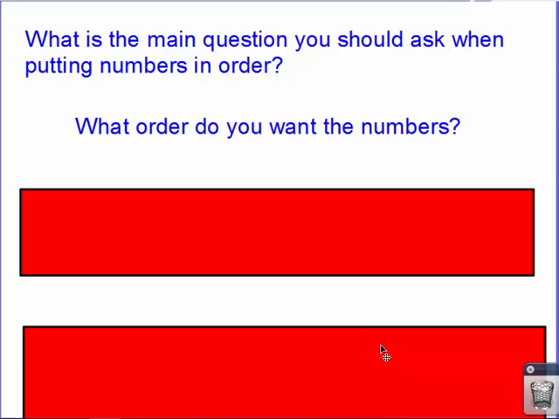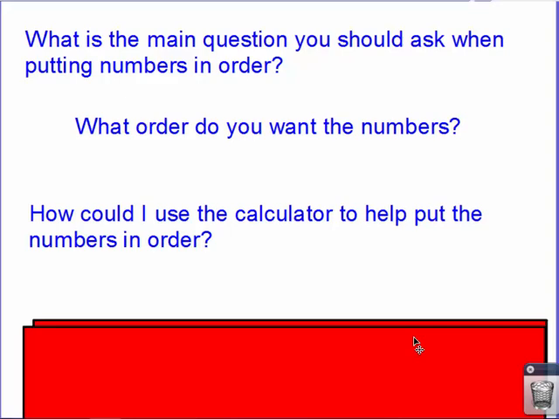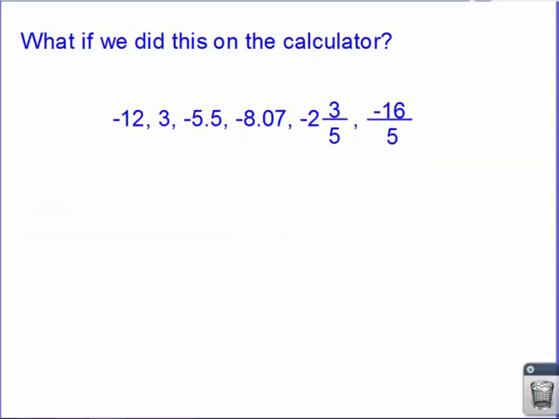Now, the other question, since we are doing 8th grade math, that should be popping into your brain, and that is, how can I use the calculator to help me put these numbers in order? Okay, well, when we come back and look at these numbers, we know that negative 12, 3, negative 5.5, negative 8.07, those are all real simple to deal with. No problem.